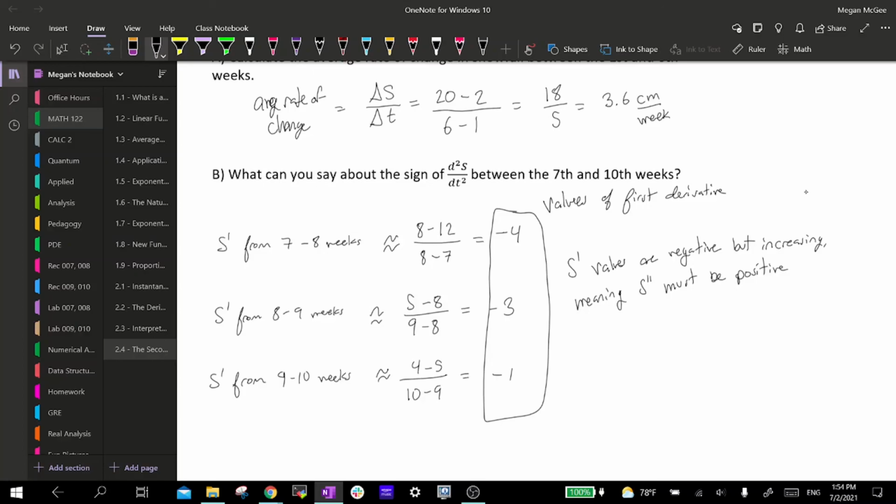Alright, and if we wanted to translate this to concavity, that means the function is concave up. If we have a positive second derivative, our function is concave up.